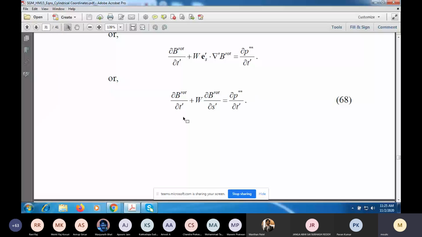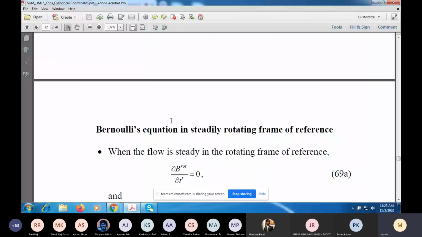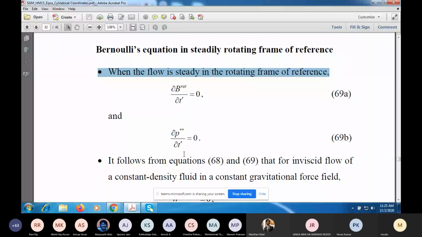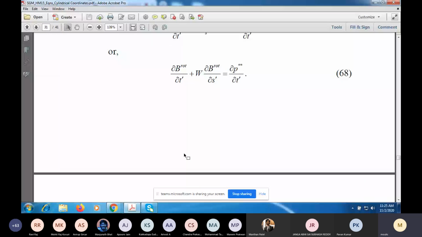So the first term on the left hand side of equation 68 and the right hand side of 68, both will be 0. This is an important point to note, because this will occur when the flow is steady, not in the stationary frame, but in the rotating frame.